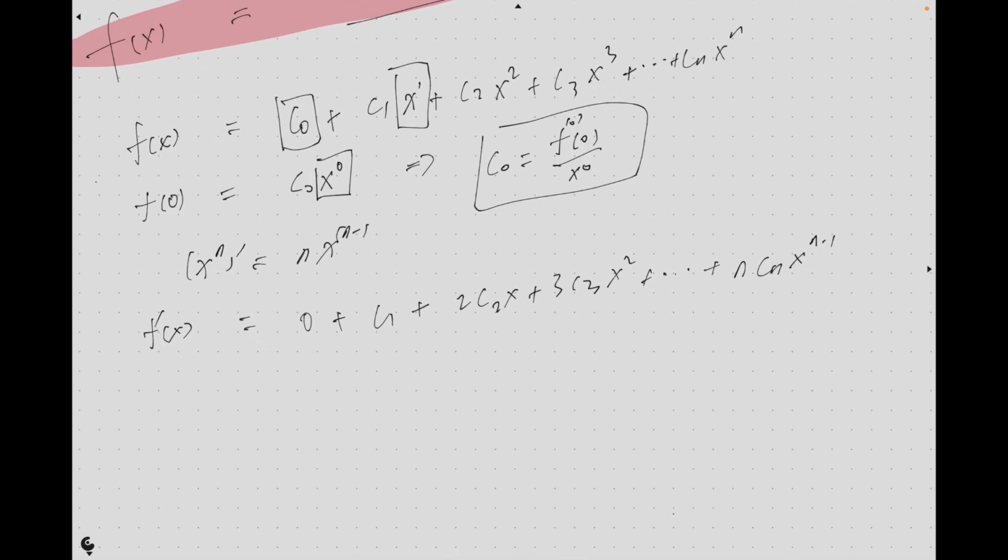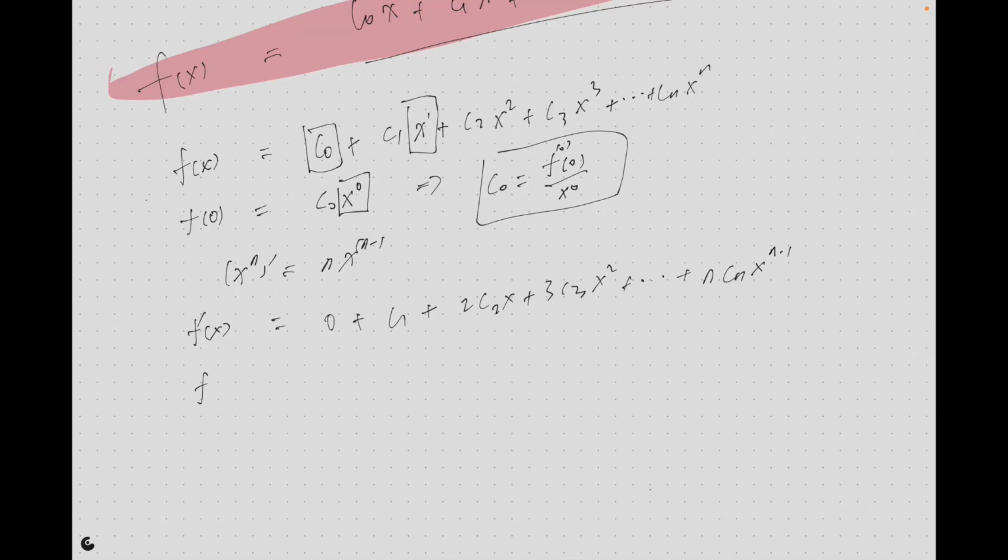And in this expression, we can make f prime of 0 equal, basically plugging in x equals 0: 0 plus c1 plus 2 times nothing, that's 0. The sum will be 0. The only term that is not 0 is the x to the 0 term, right?